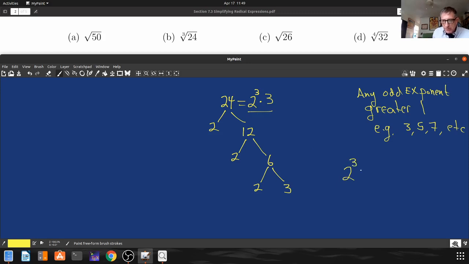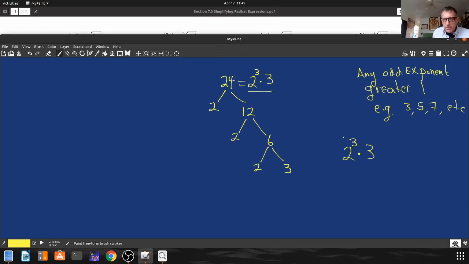That's 2 to the third times 3. What I want to do is I want to write 2 to the third is 2 times my odd exponent minus 1. And then that's 2 to the 1. Remember, I add exponents. So if I subtract 1 from 2, then I have to add another factor of 2 to make up with it, and then times 3.